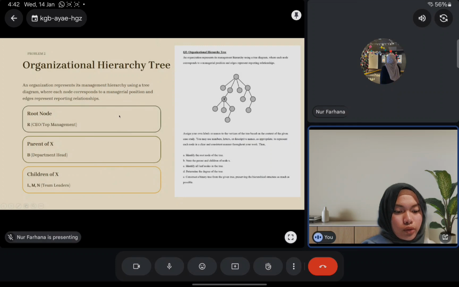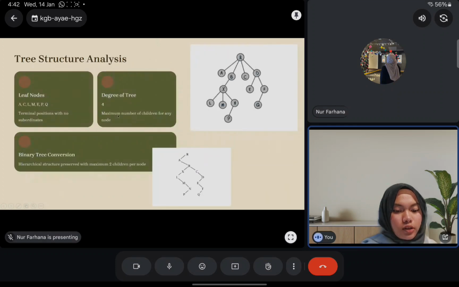For question 2, it is the organization hierarchy tree. An organization represents its management hierarchy using a tree diagram, where each node corresponds to a managerial position and edges represent reporting relationships. We were given this diagram.